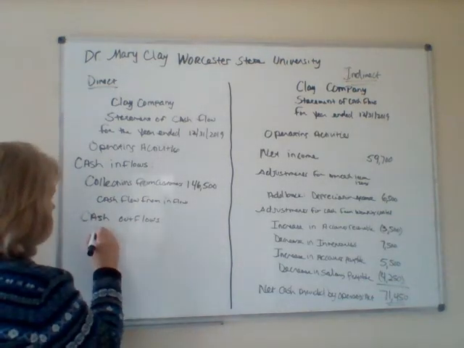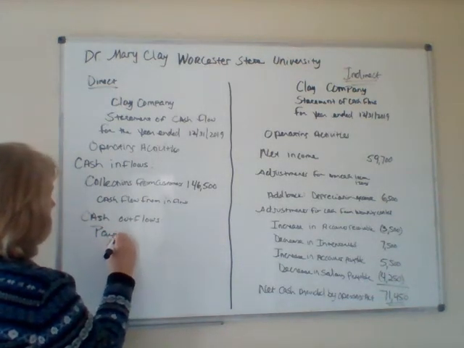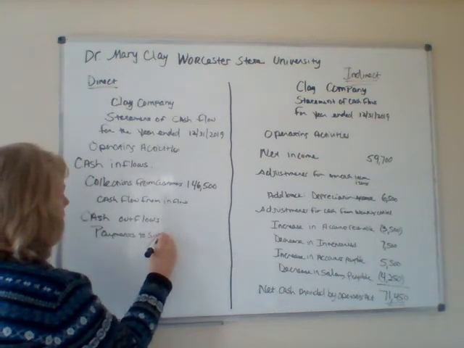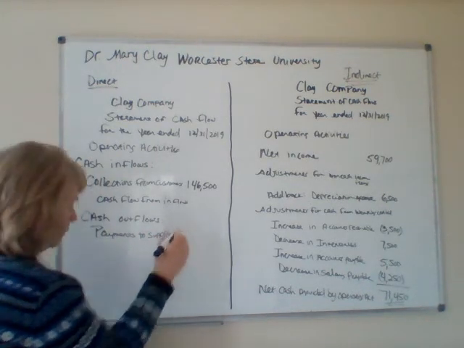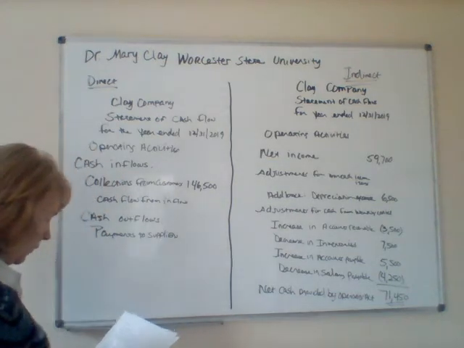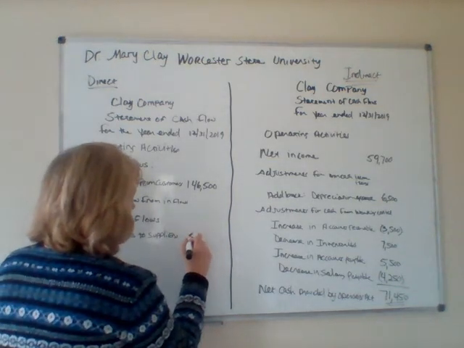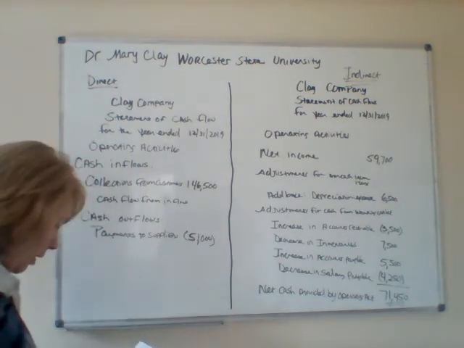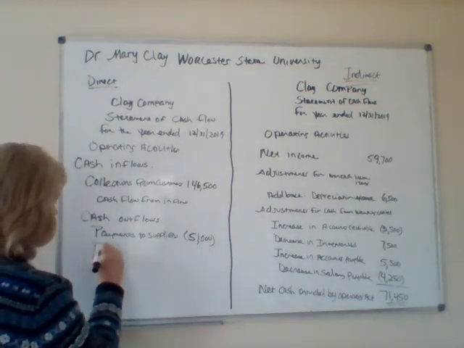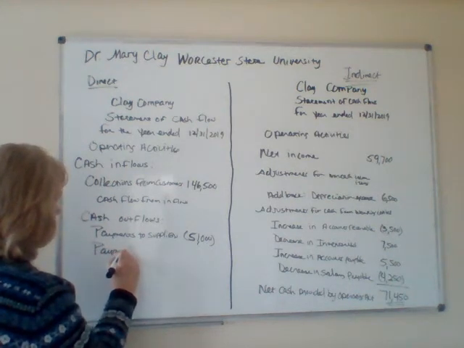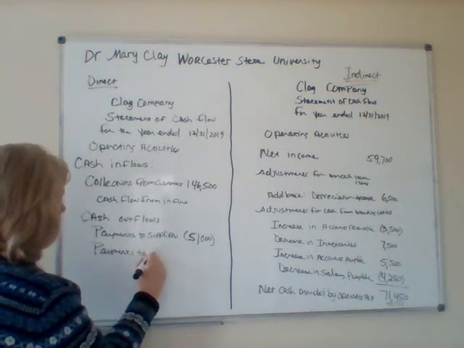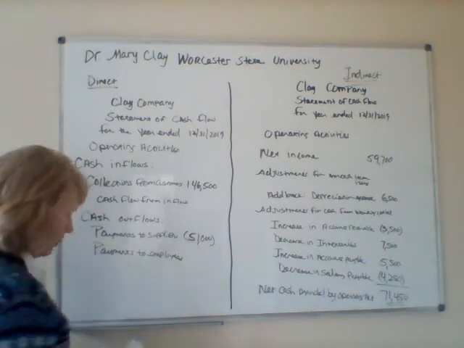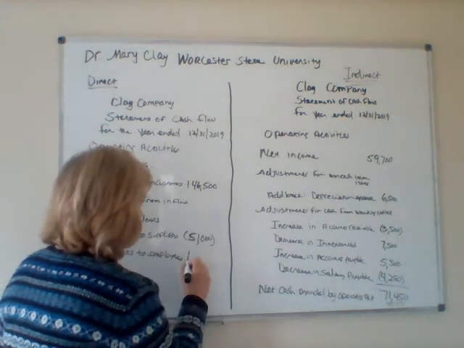We have payments to suppliers, and that is 51,000. That will show negative, right? Then we have payments to employees. That will show negative as well.